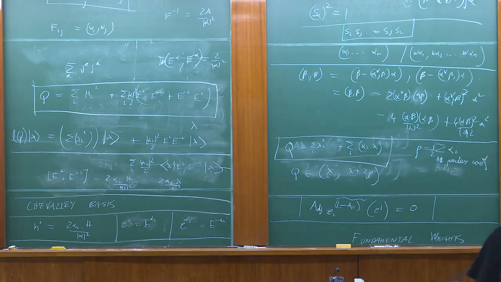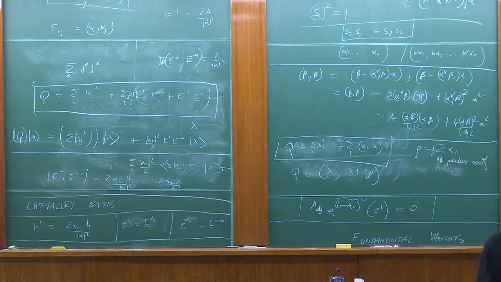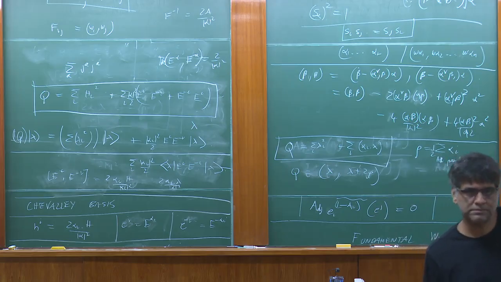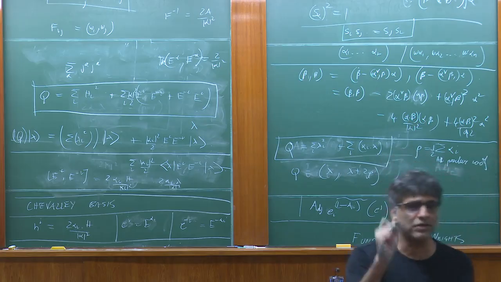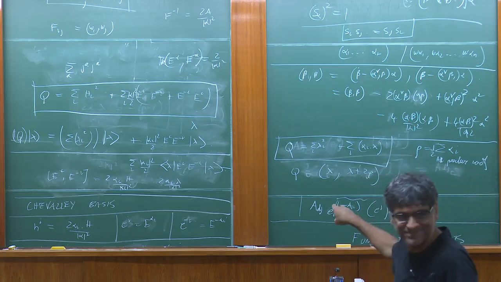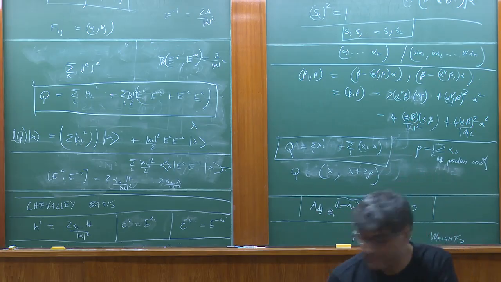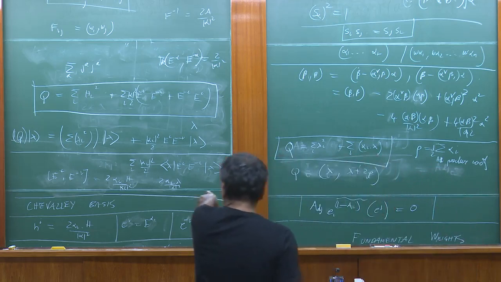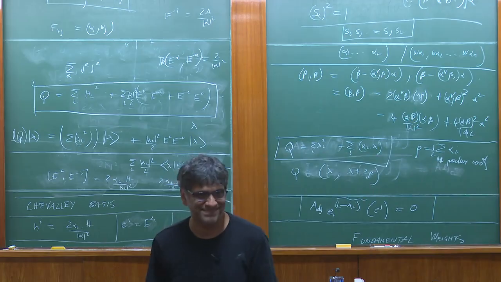No, lambda is the highest weight vector. Highest weight vector of the representation. But this should be true for any state in that representation. The answer is true. For any state in the representation, Q acting on that state is this, where lambda is the highest weight. It's like j into j plus 1. In fact, if you apply this to SU2, j into j plus 1 is j squared plus j.